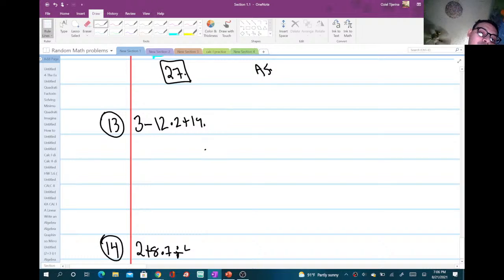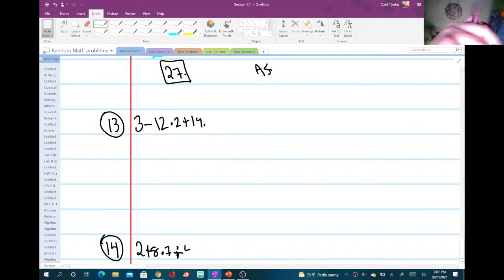So then it would be 3, we're going to do 3 minus, and then it's going to be 24 plus 19. Let me just try something really quick.